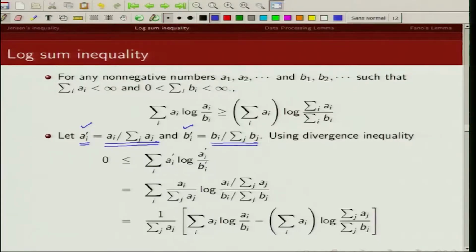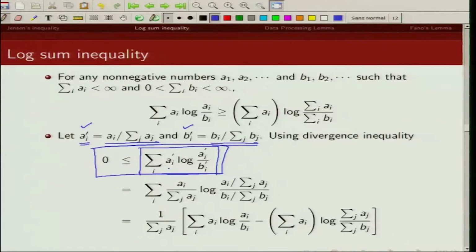So the divergence between ai dash and bi dash would be greater than or equal to 0. This is the expression for the divergence between ai dash and bi dash, and we know that this divergence is greater than or equal to 0. This we have proved in the earlier lectures.